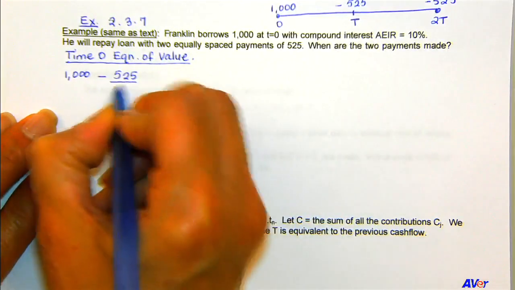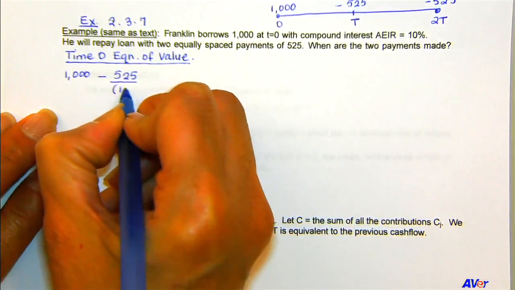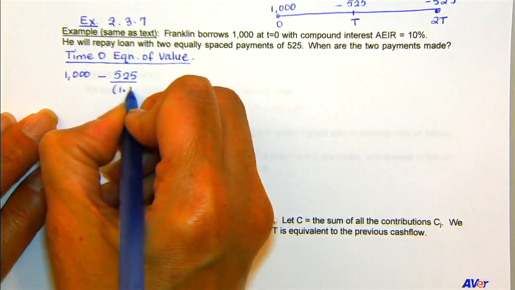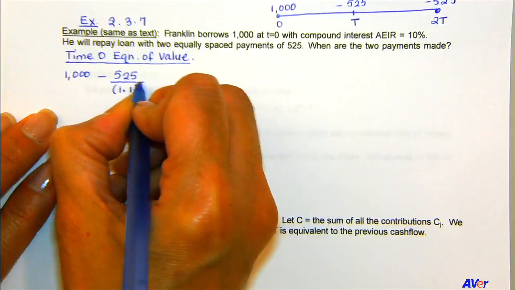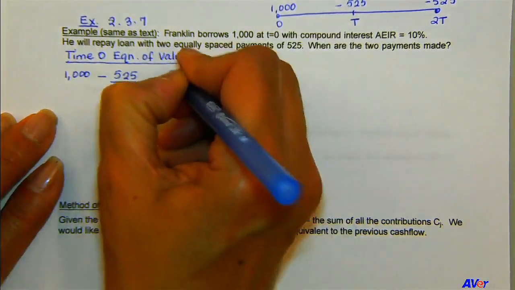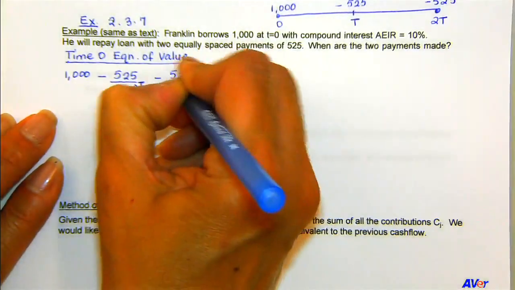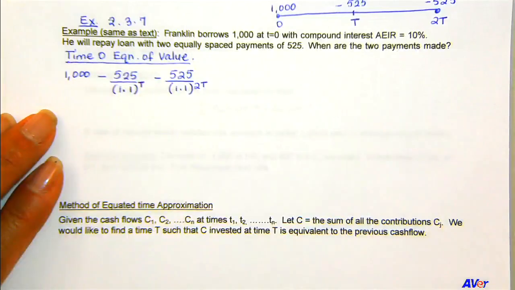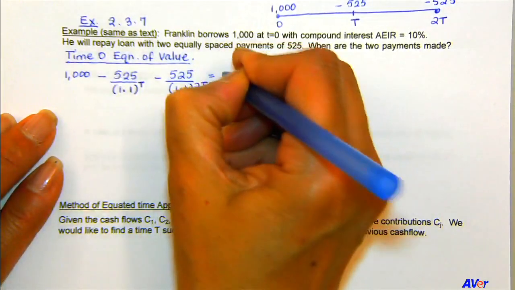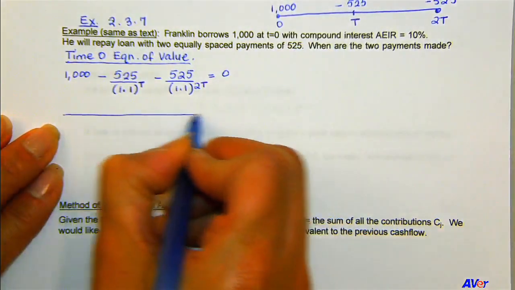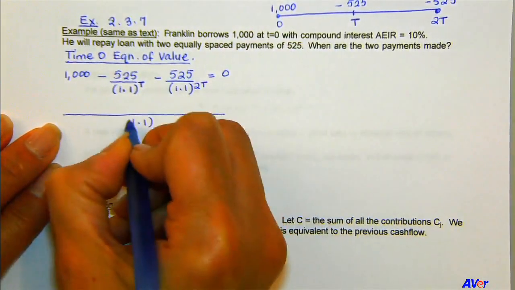So shall I divide? Can I divide? 1.1, because 10% interest, 1 plus I to the t. Minus 525 divided by 1.1 to the 2t equals 0. Okay. Then let's put everything over 1.1 to the 2t.